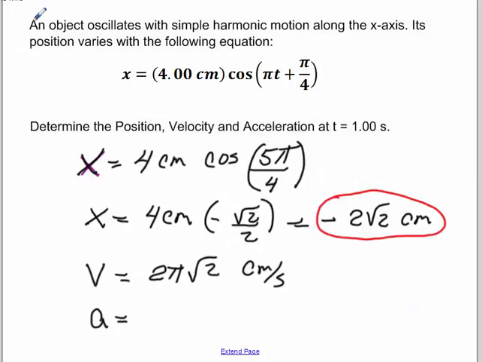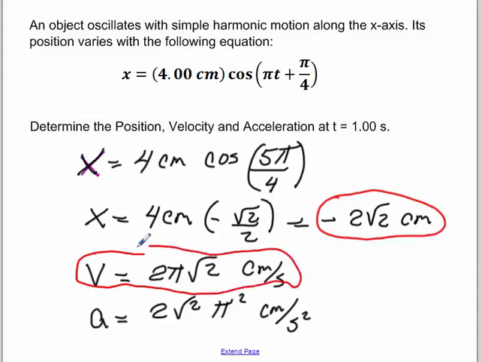I will substitute in t as 1. I will get 2 times the square root of 2 pi squared centimeters per second squared. Alright, so we were able to determine what the position, the velocity, and the acceleration are at t is equal to 1.